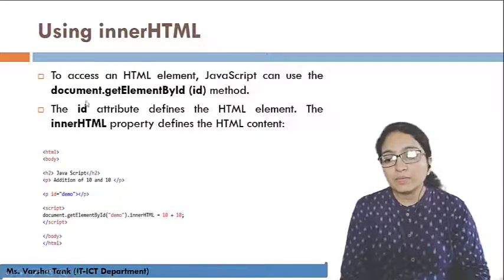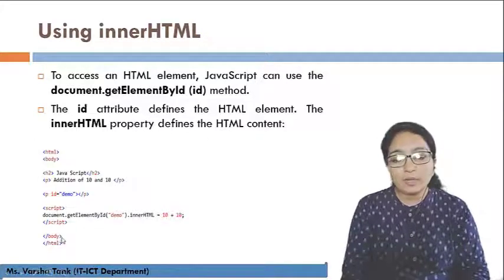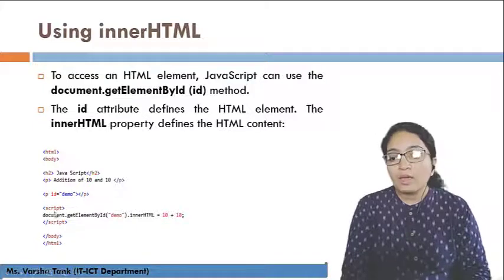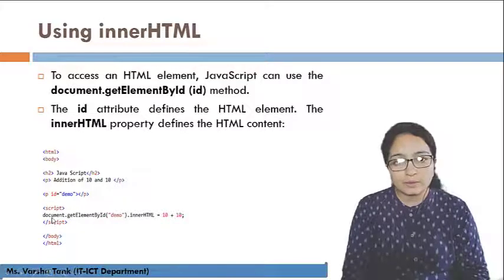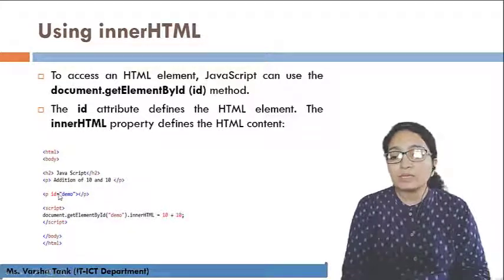Now here you can see a simple HTML document. There is a heading, JavaScript, and a paragraph, the addition of 10 and 10. I have defined the p with id equal to demo, which you have to define first, and after that you define the script. Why? Because we are using this demo id in our JavaScript. document.getElementById will find the element by id, which is demo, written over here and over here.